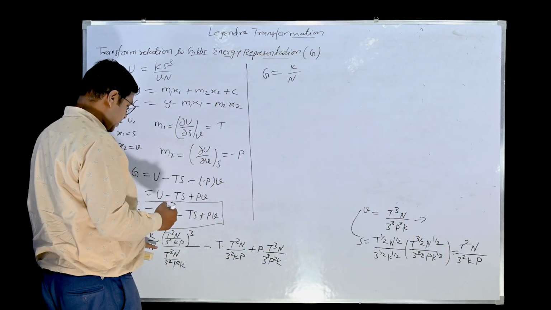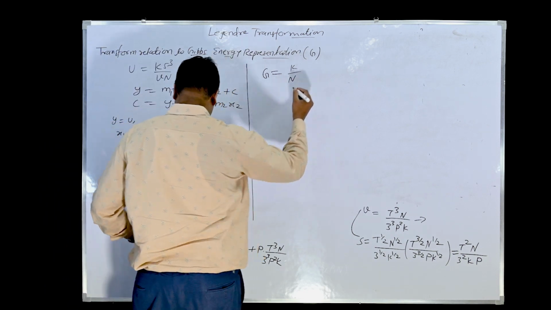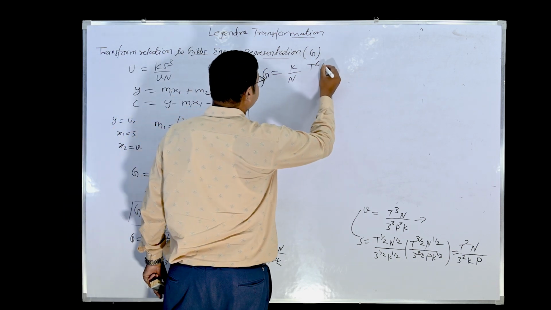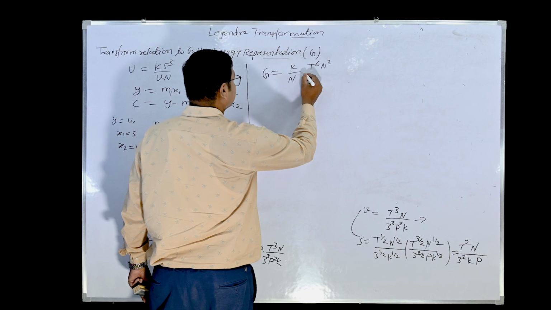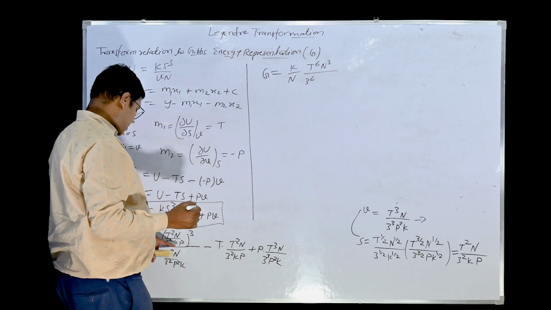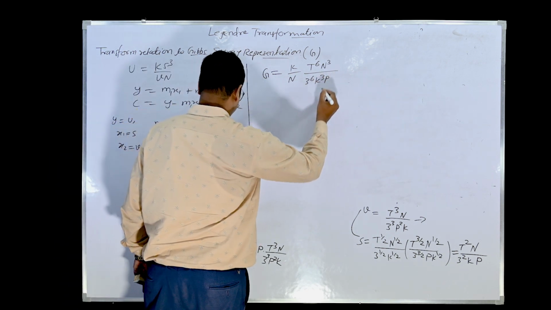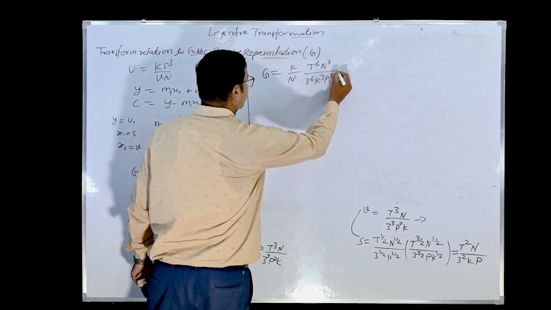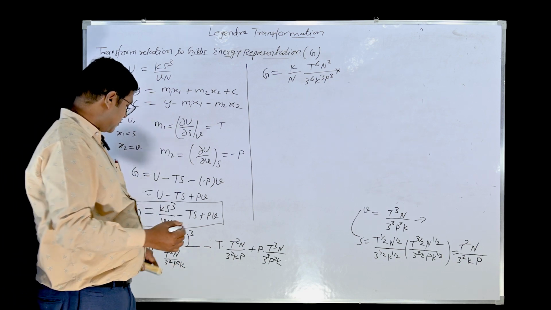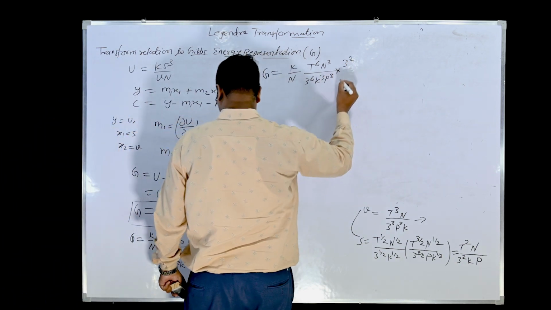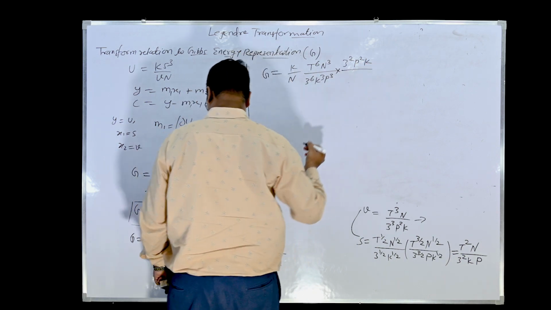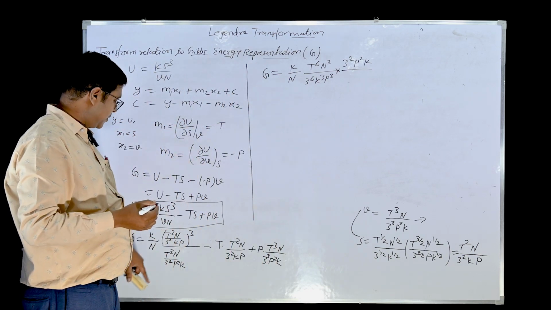So I will elaborate here, expand it here. So t square and cube, so t to the power 6 n cube upon 3 square and cube, so 3 to the power 6 k cube and p cube. This term, now the denominator term, the bottom part, will go to the upper side, so 3 square p square k upon t cube n.